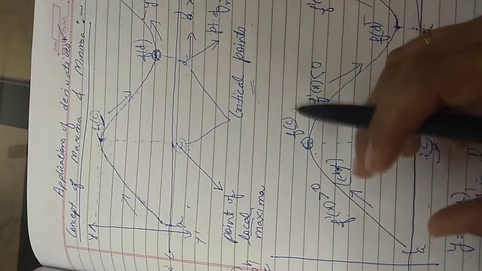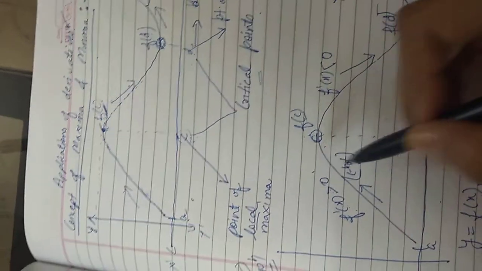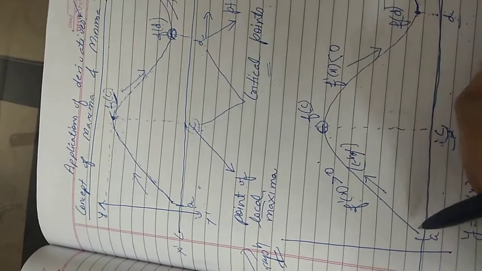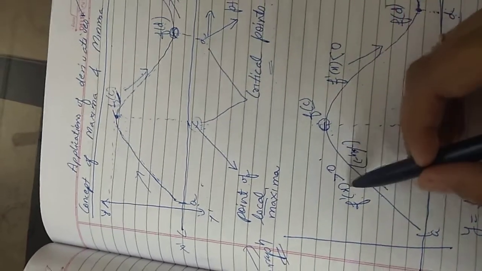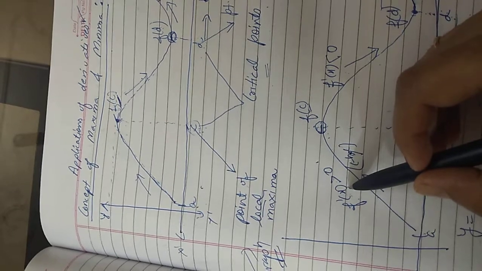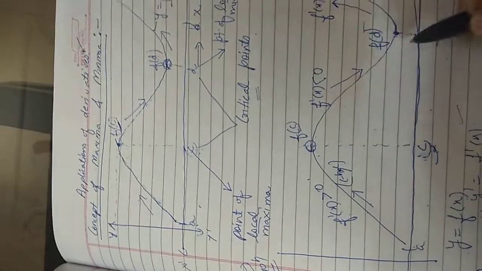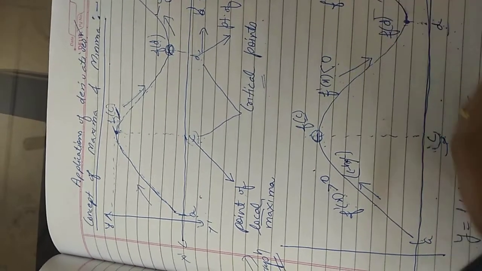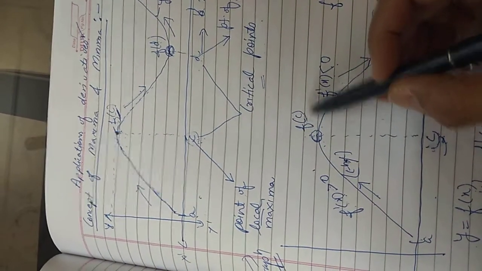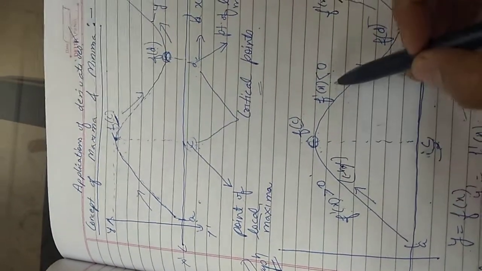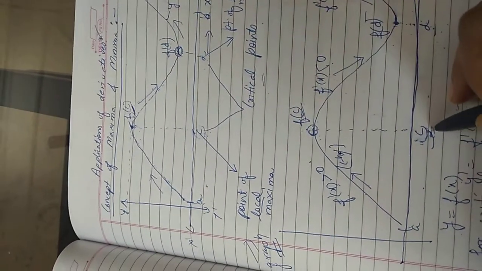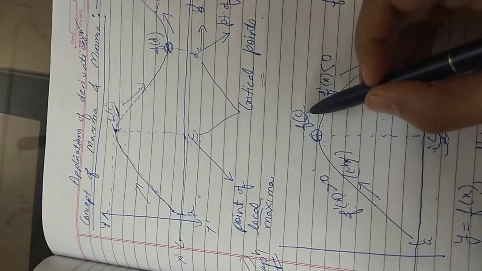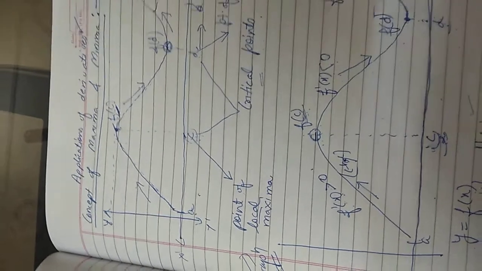If I find the sign of the derivative in this interval, that means you can take any value lying between A and C and check the sign of the derivative, if it is positive, and after C, between C and D, if you take any point, check the sign of the derivative, if it is negative. So what is happening? Around point C the sign is changing from positive to negative, so C will be called the point of local maxima and f of C will be called the local maximum value, or local maxima only.